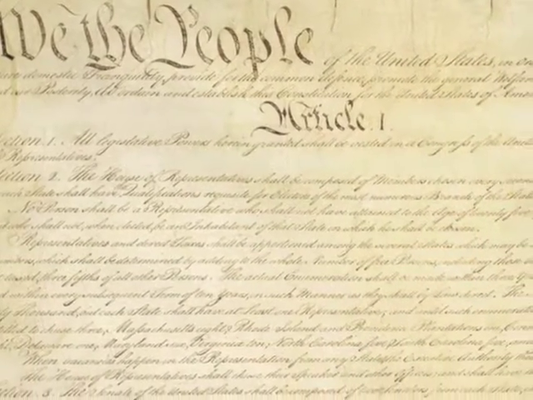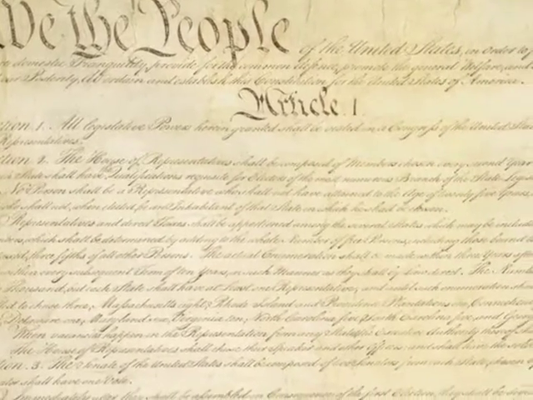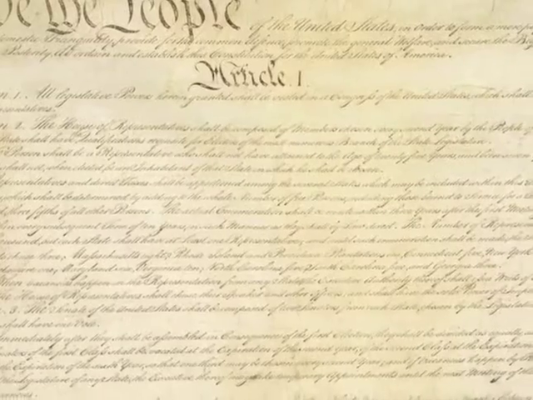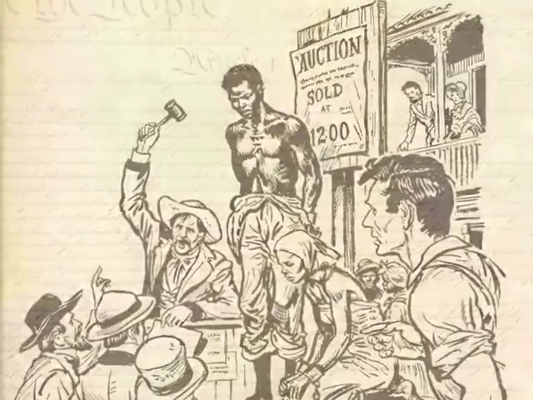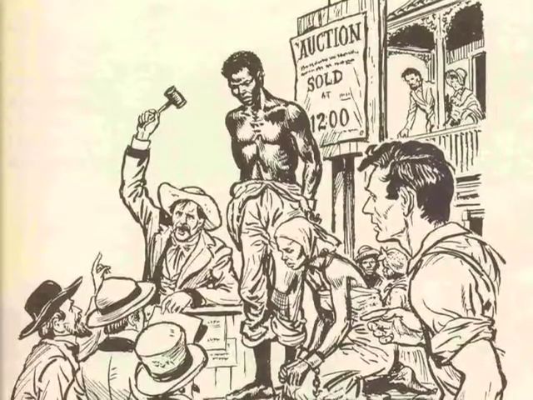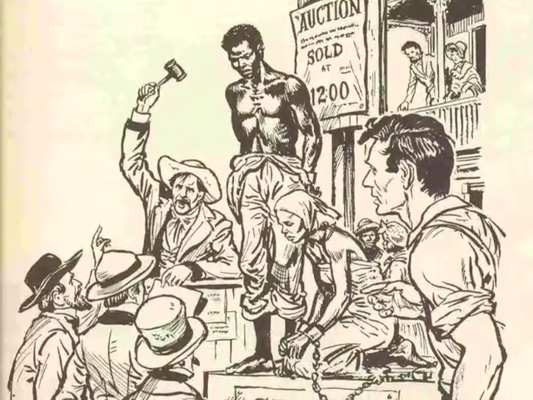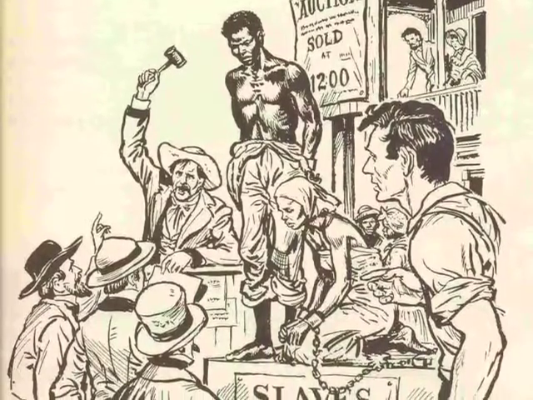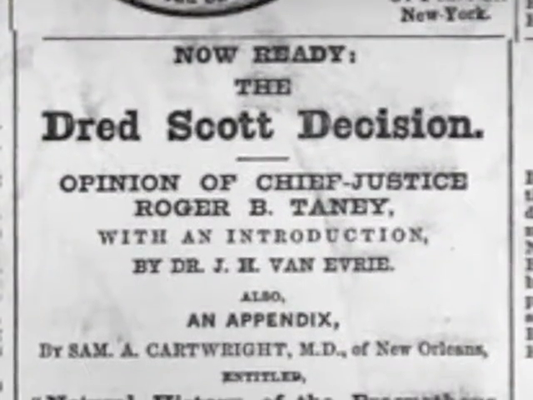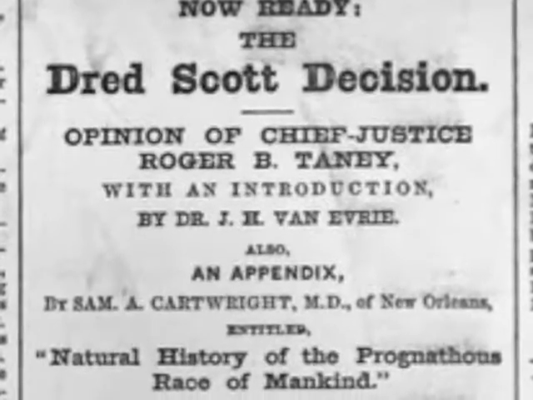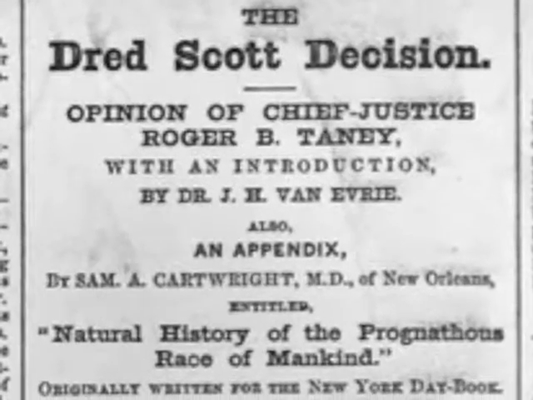We think they are not, and that they were not intended to be included under the word citizens in the Constitution, and can therefore claim none of the rights and privileges. On the contrary, they were considered as a subordinate and inferior class of beings. Therefore, it is the judgment of this court that Dred Scott is not a citizen.